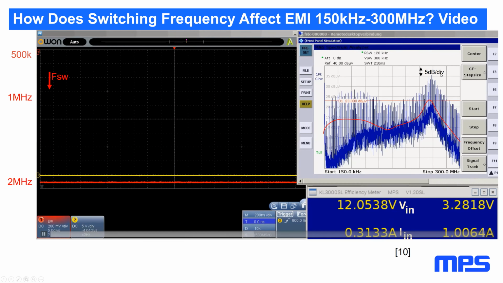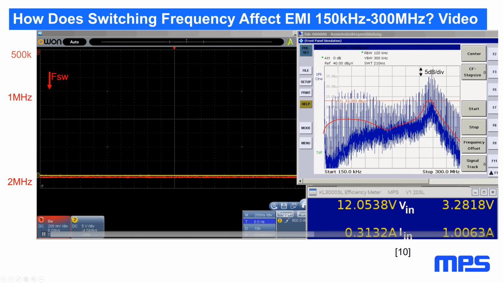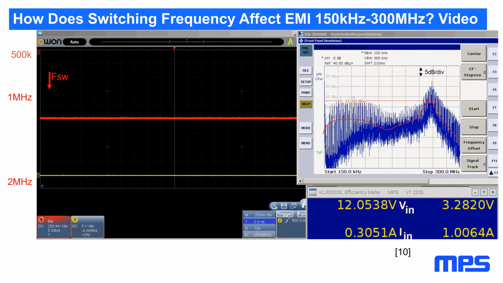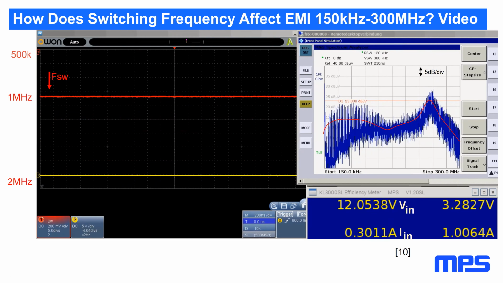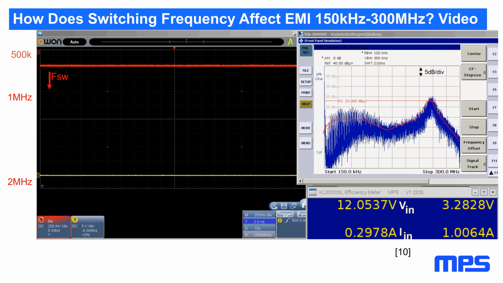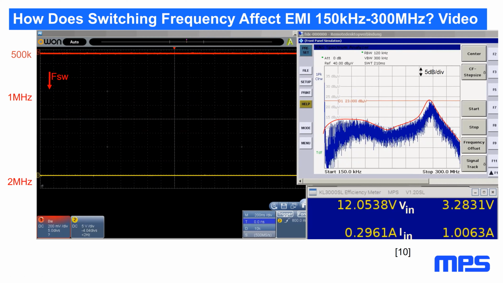So in general, we get 6 dB more energy for every doubling of frequency in a fixed frequency environment. I just want to make sure that you have an idea now what the impact of switching frequency in general is on EMI energy.